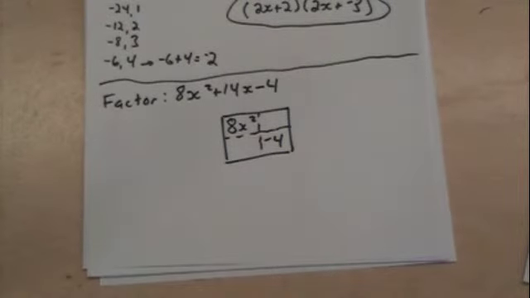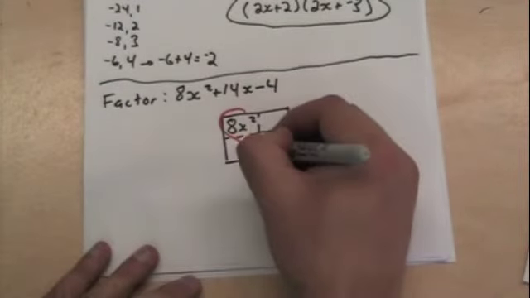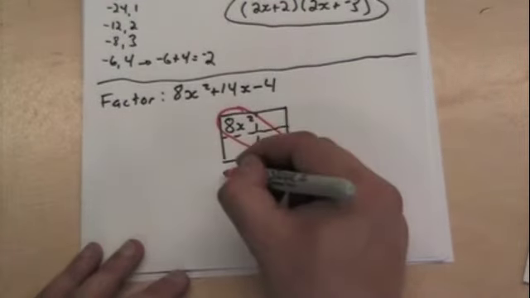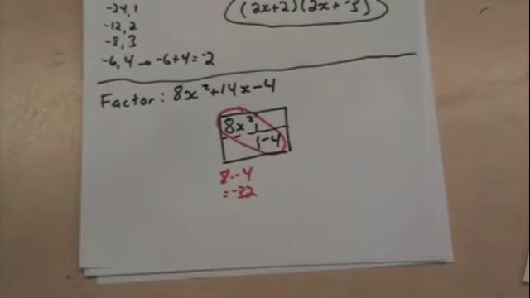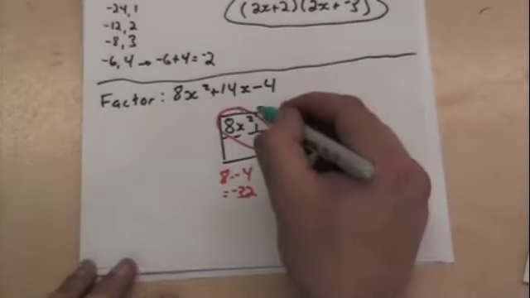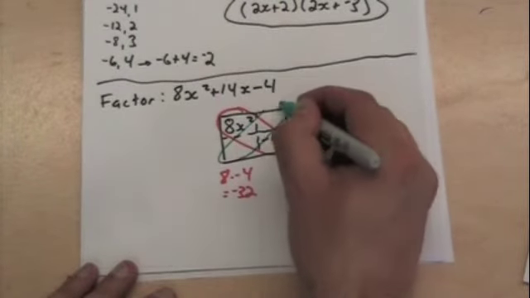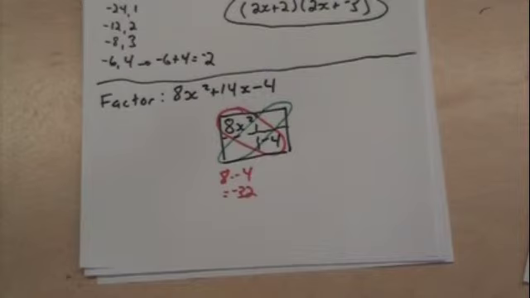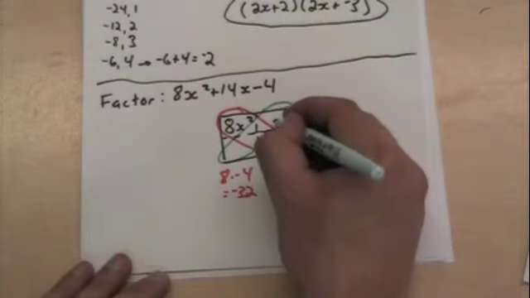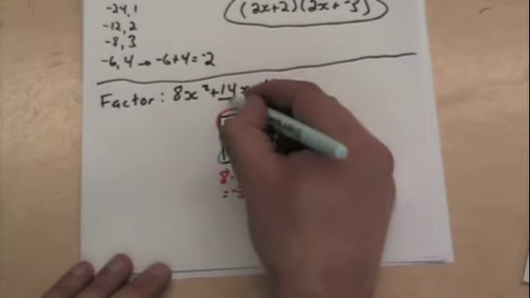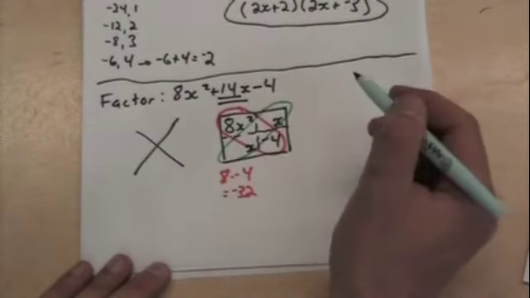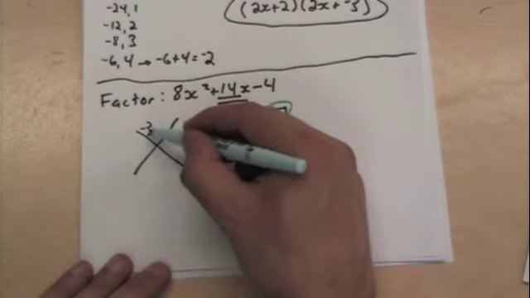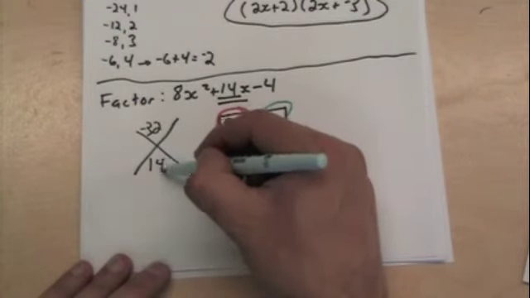So once again, we check to see what the product needs to be. 8 times negative 4 is negative 32. So we're looking for two numbers that multiply to negative 32. And what do they need to add to? Well, these are x's. We have 14. So we're looking for two numbers that multiply to negative 32 and add to positive 14.